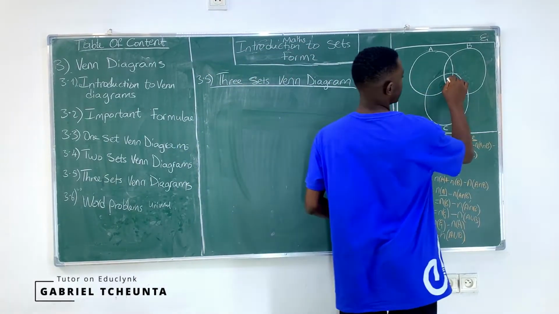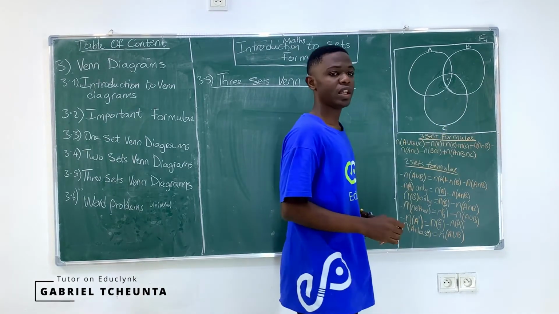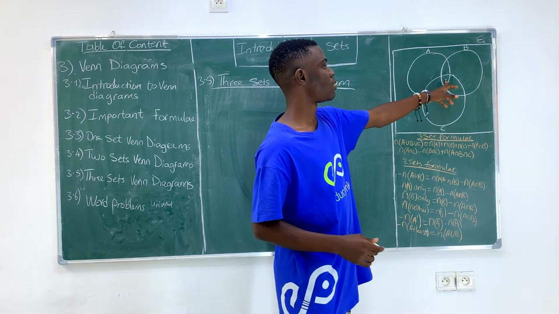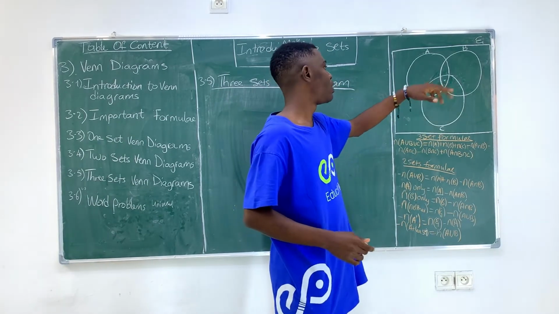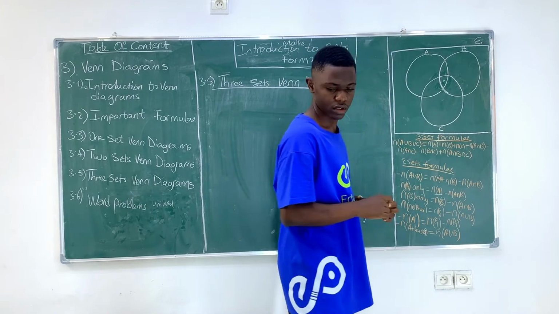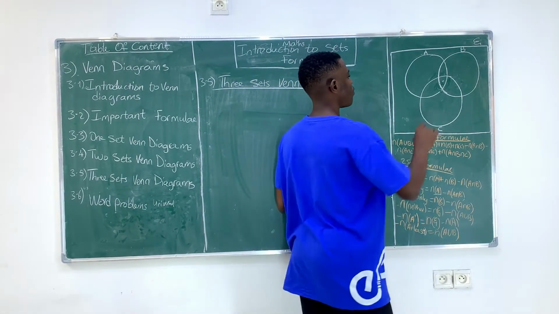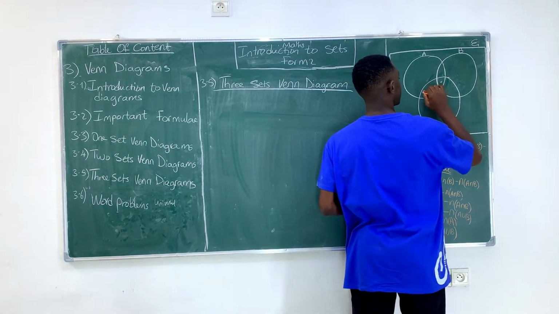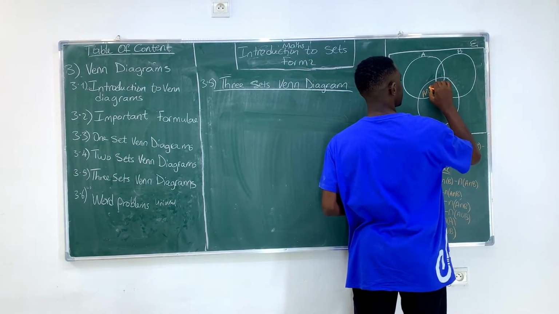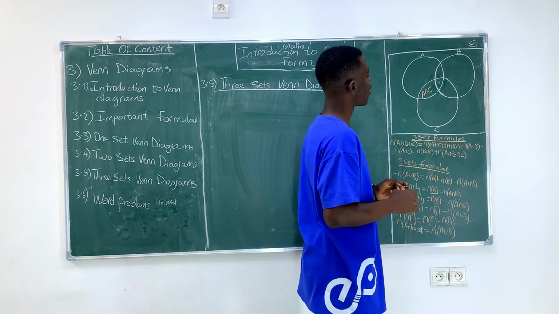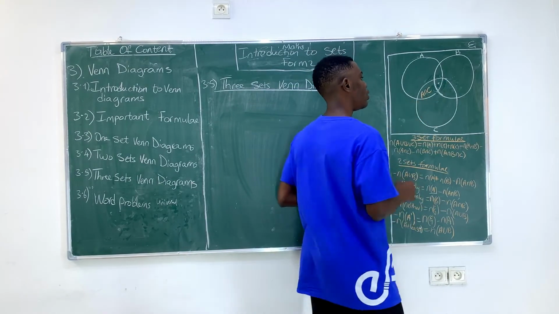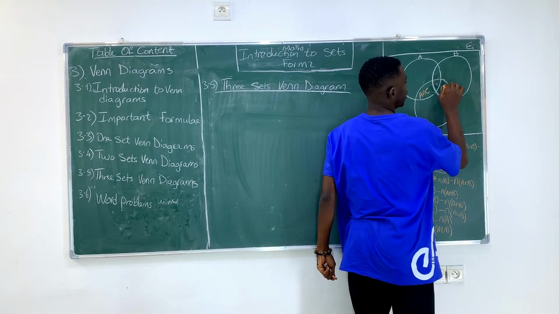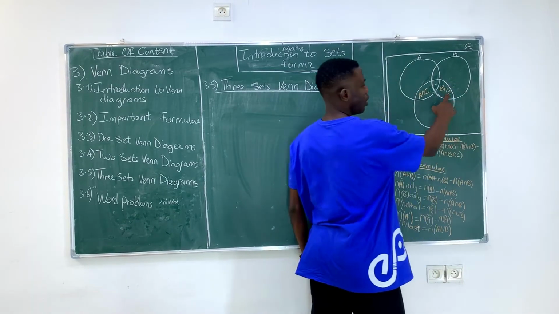So here in the middle, you have the part of A intersection B intersection C. Here, right in the middle. Then here, you have A intersection C only. Here you have B intersection C only.